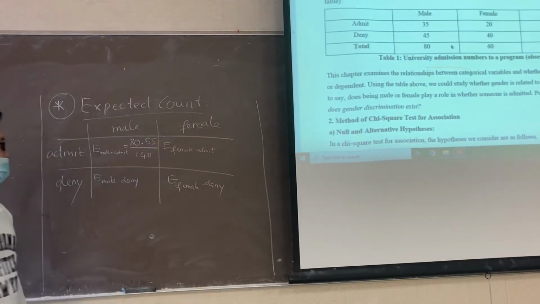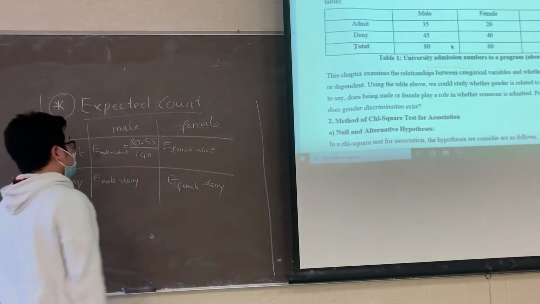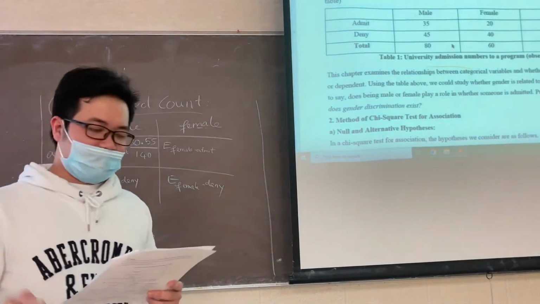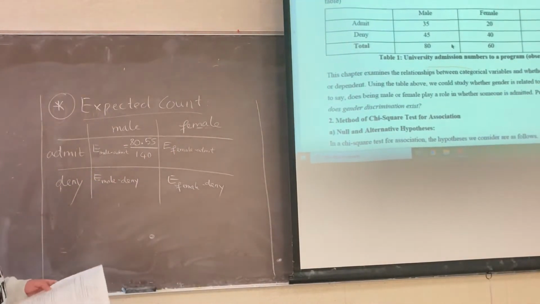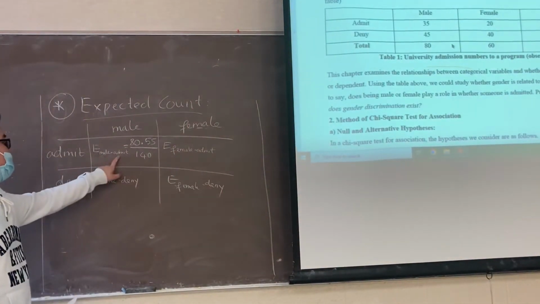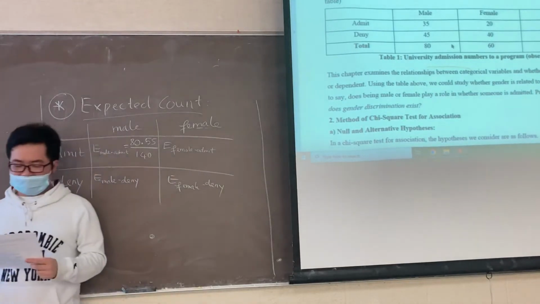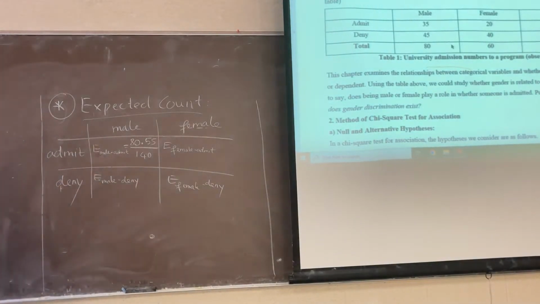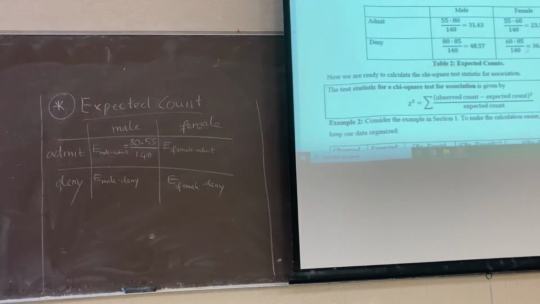Similarly, you do this for the other cells. After that, you will find the expected count for each kind of characteristic. The characteristic here is male and admit, and here it is female and admit. So you can calculate it. I provided the result here in table 2.